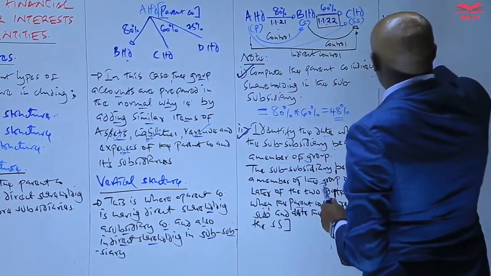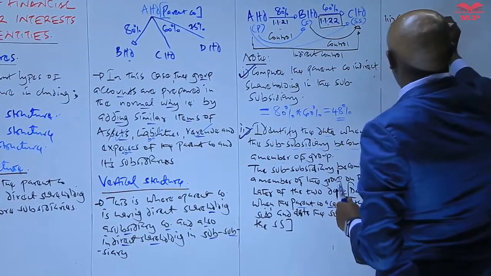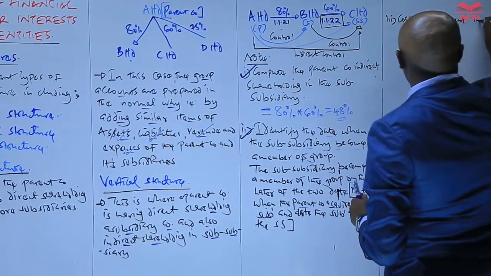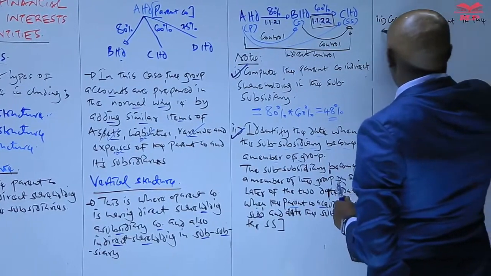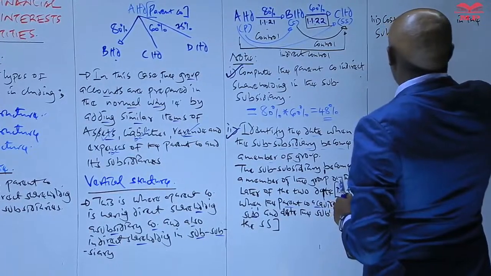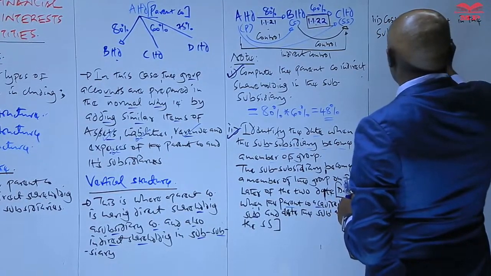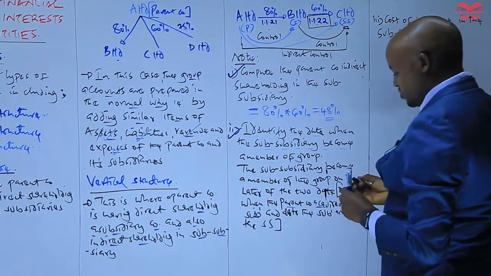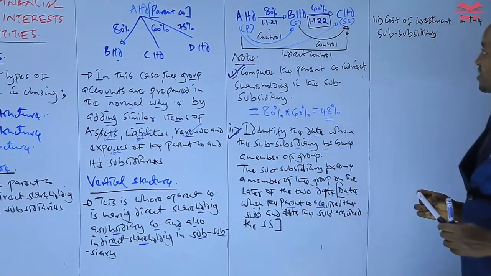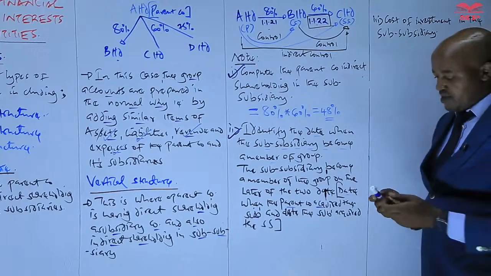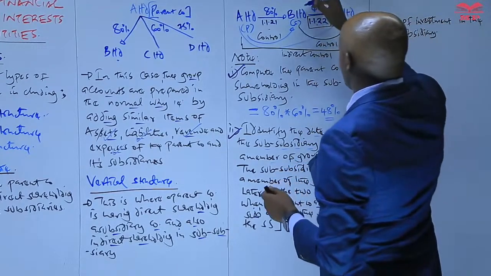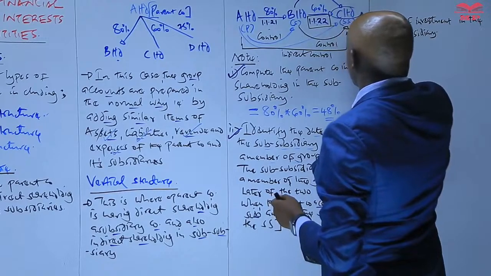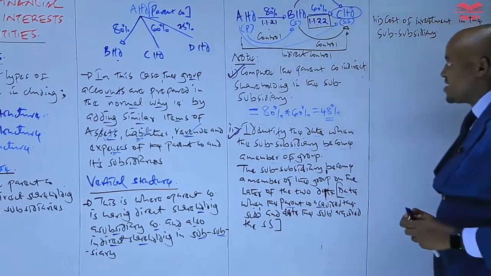is regarding the cost of investment in the subsidiary. So when we talk about the cost of investment in the subsidiary, we are talking of the purchase consideration which was paid by the subsidiary in acquiring the shares of the subsidiary.